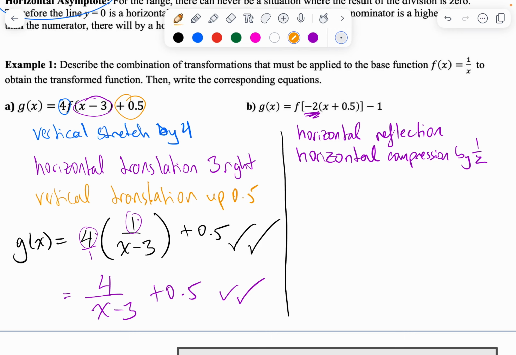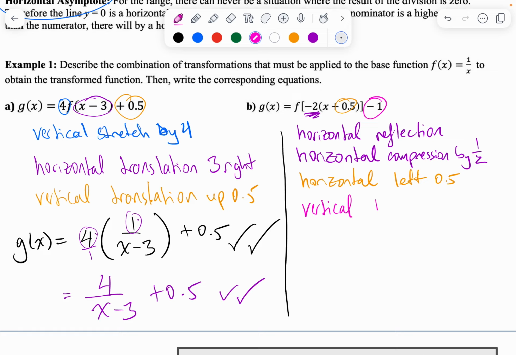Okay, then let's have a look at this 0.5. Well, that is, again, it's happening to the x, so it's horizontal. It's plus 0.5, so it's left 0.5. And then this -1 to the whole function, because it's happening to the whole function outside the x, it's vertical.